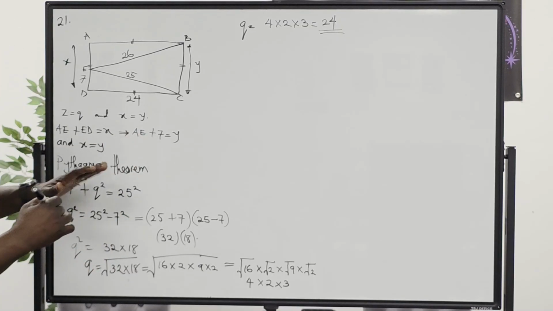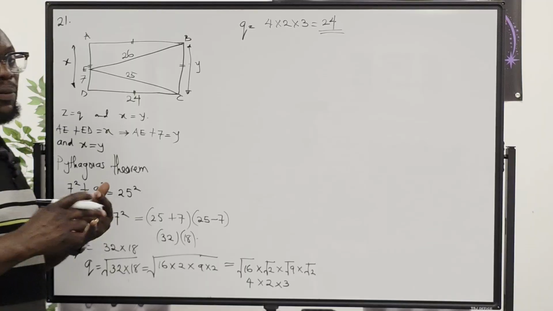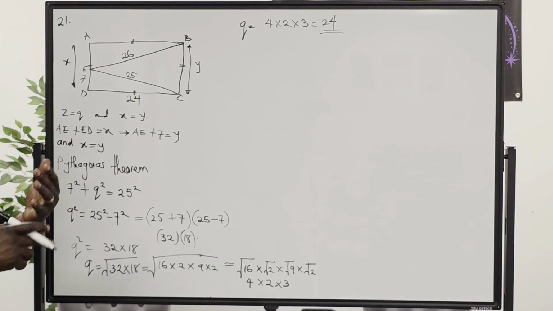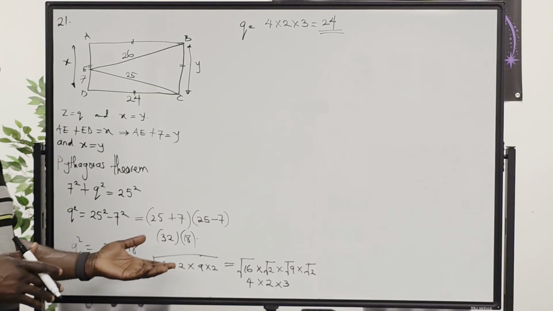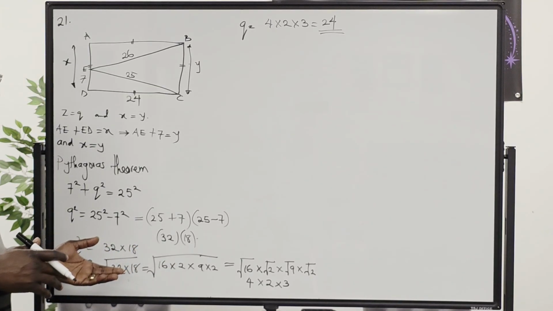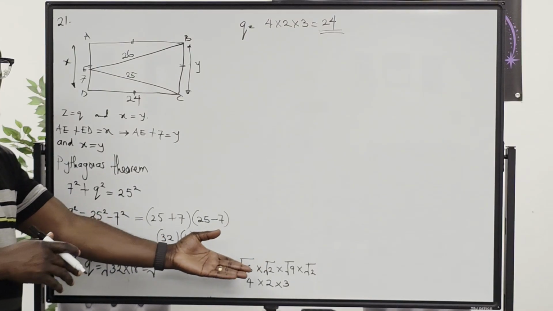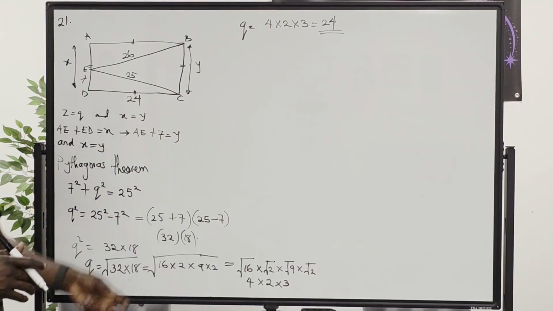So I've given you various options. You can arrive at your answer if you have a calculator or if you don't. If a calculator is permitted in the exam, then your life is a lot easier. But if a calculator is not allowed, you can just use this right here and you arrive at the same answer. So now we know that DC is 24.